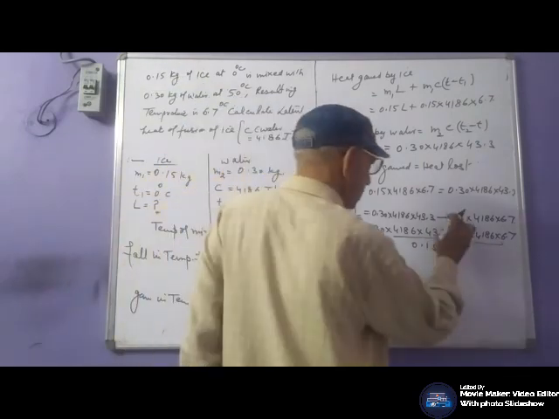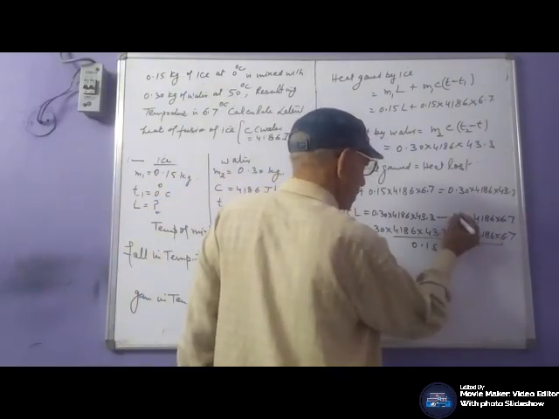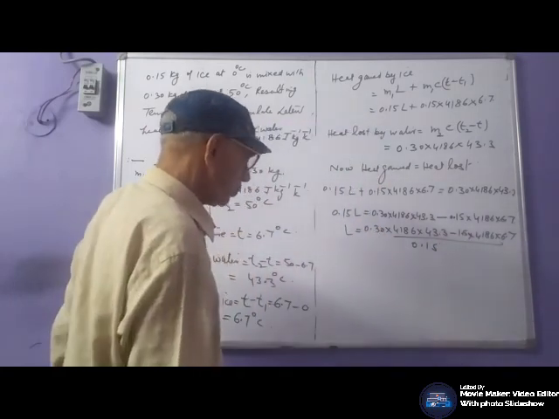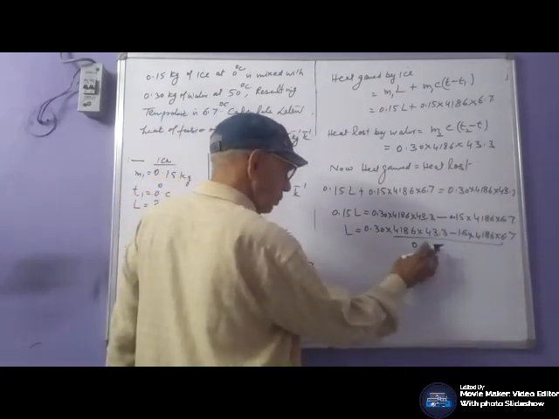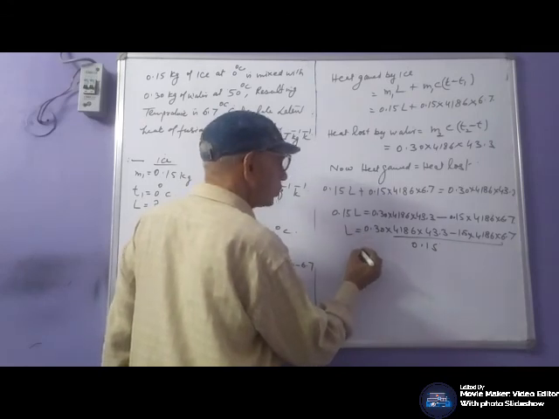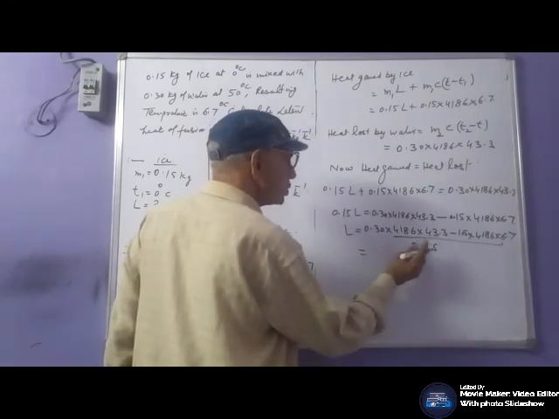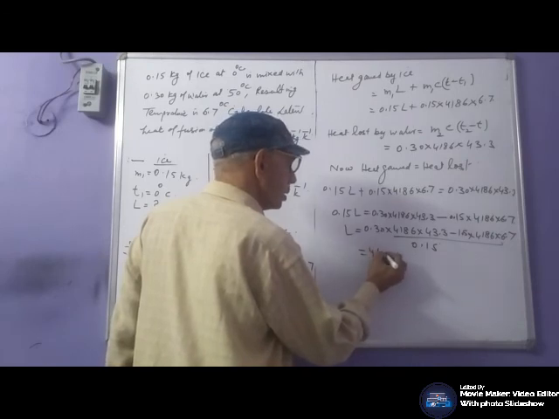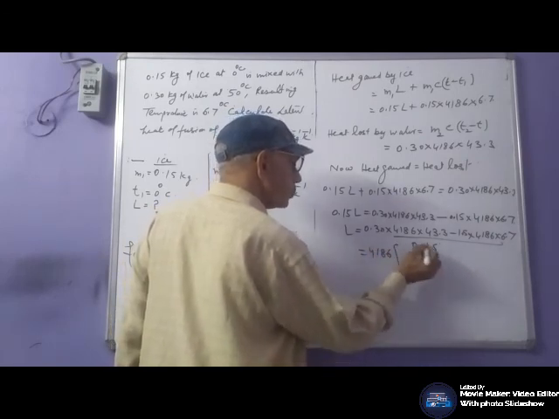This was 0.15, so it will be cancelled. Here it is 2, and 4186 is common.